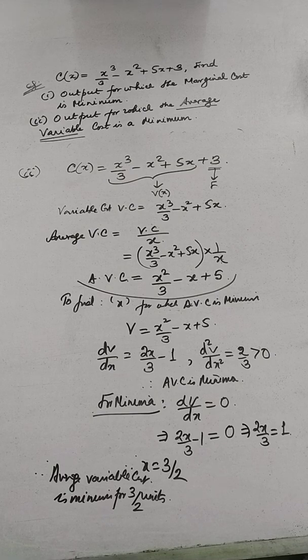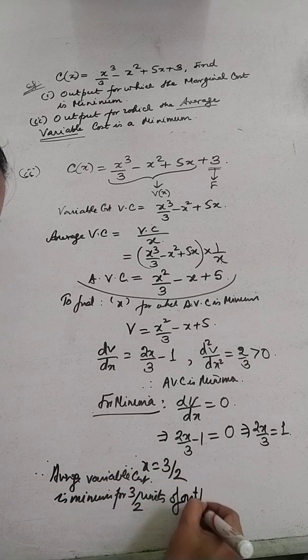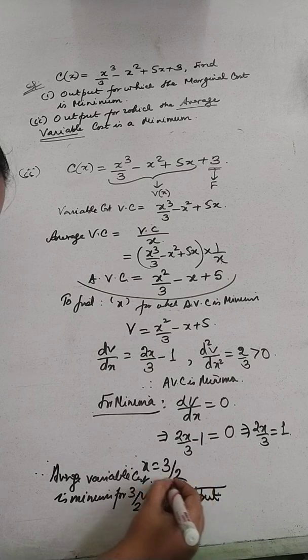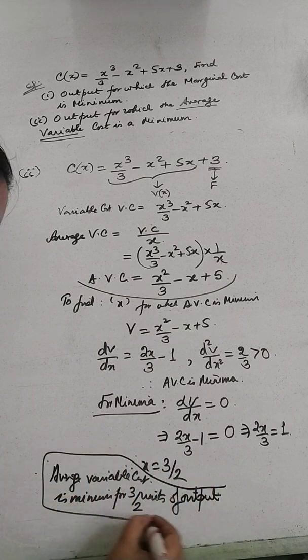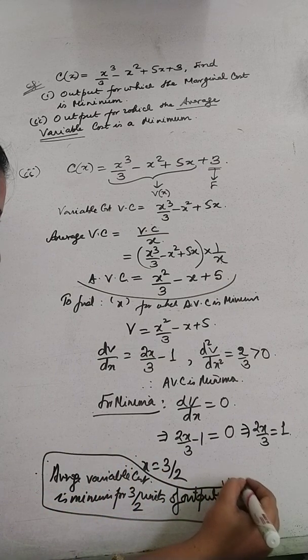So it can be 3 by 2 units of output. Average variable cost is minimum for 3 by 2 units of output. This will be your answer for the second part.